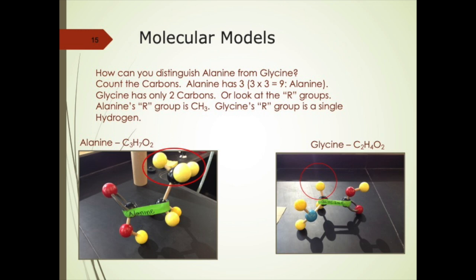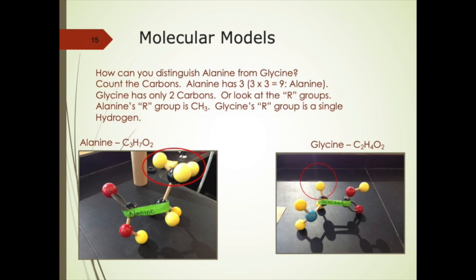Otherwise, they're identical. They both have nitrogen where the amino group is. And you can't really tell by this picture. The alanine is kind of hiding it. But the blue is kind of behind that. So how do you distinguish the two, right? And I kind of just told you.